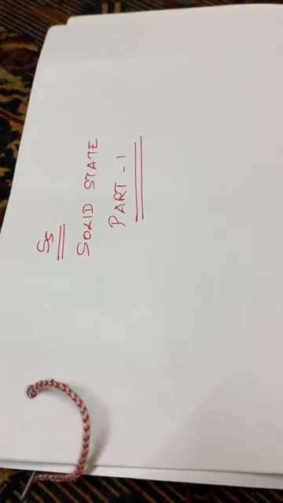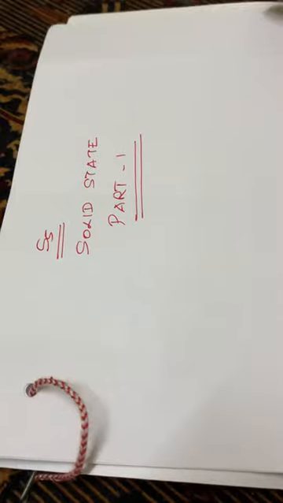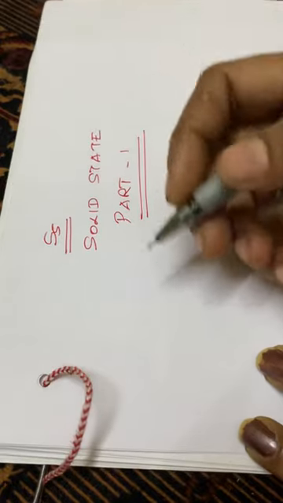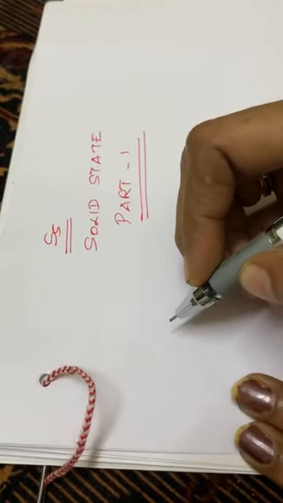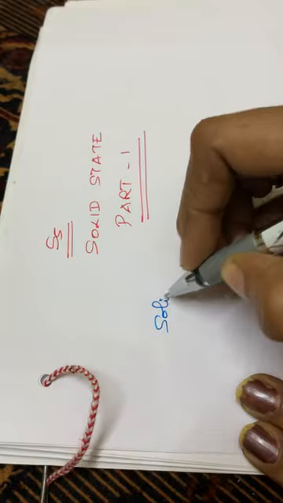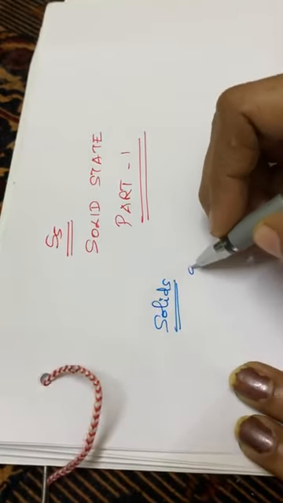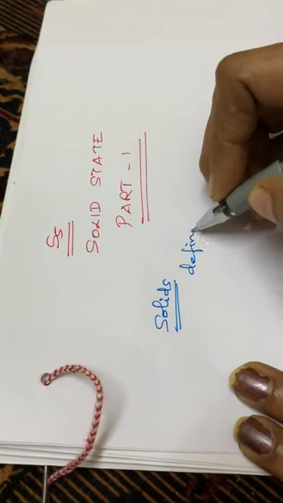So you have studied the solid state, isn't it? Solid state in your plus 1 plus 2 classes. Also regarding the introduction part, what are the characteristics of solids? That is what you have to go through. Usually, solids have a definite shape.